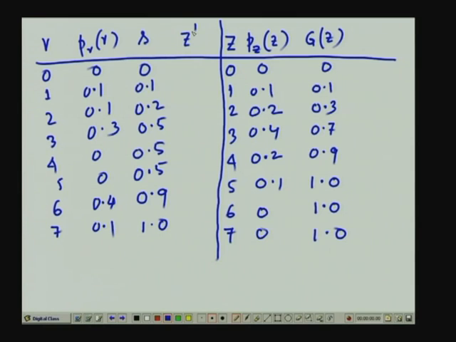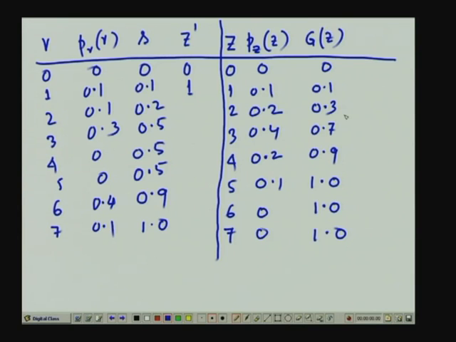So, when S equal to 0, the minimum value of Z for which G(Z) minus S is greater than or equal to 0 is 0. For S equal to 0.1, again I start with Z equal to 0, I find that the minimum value of Z for which G(Z) minus S will be greater than or equal to 0 is equal to 1.